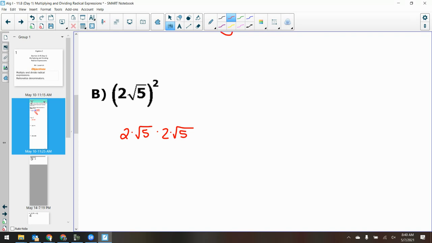Look at the things that are outside. What does the 2 times 2 get us? What does the square root of 5 times the square root of 5 get us? The square root of 25. Thank you, Elena. What is the square root of 25? 5. So this ends up just being 4 times 5, or 20.